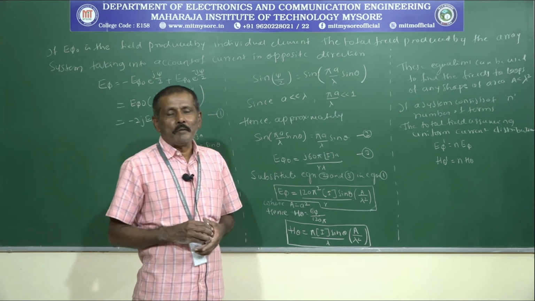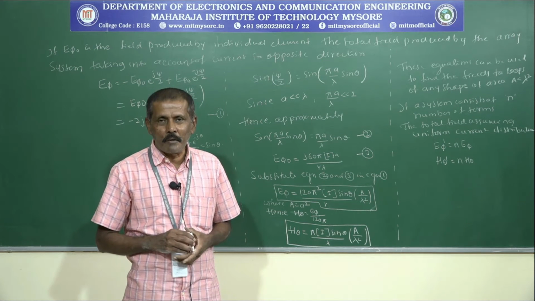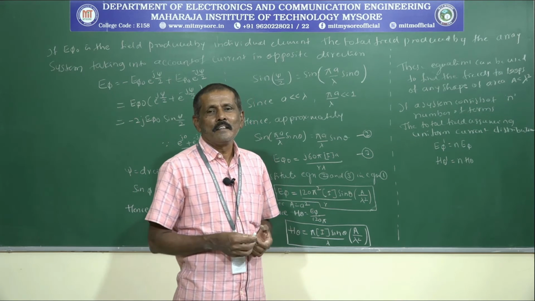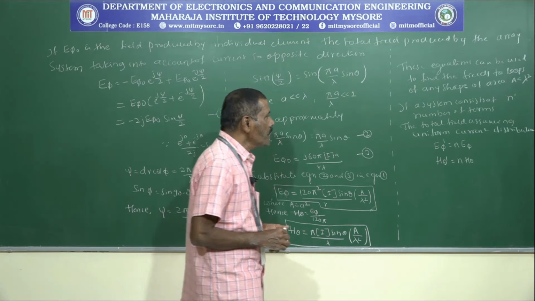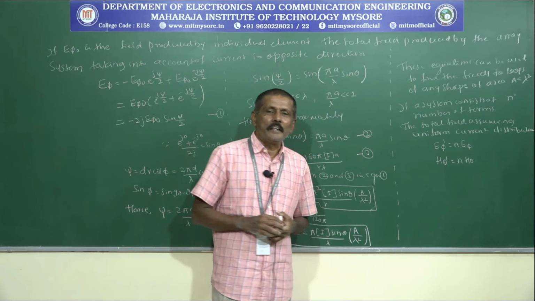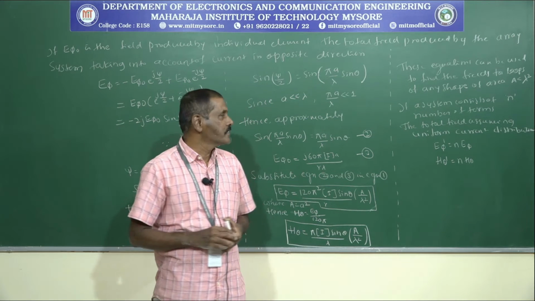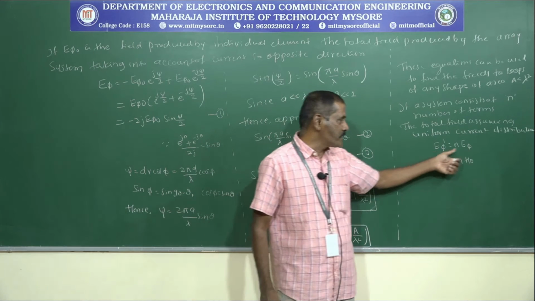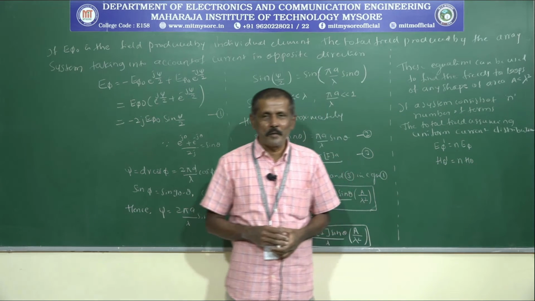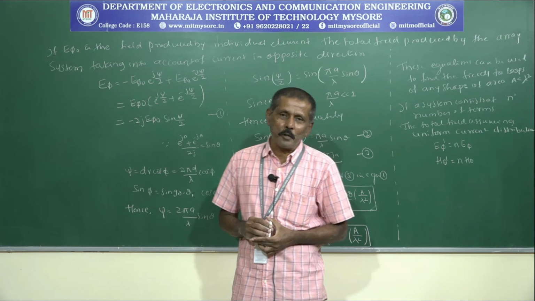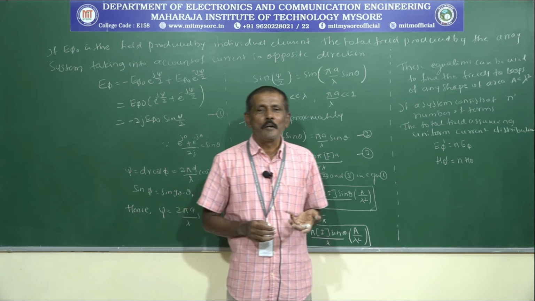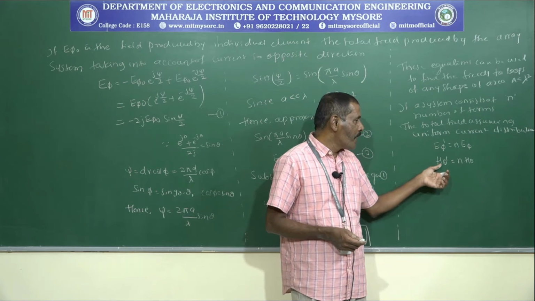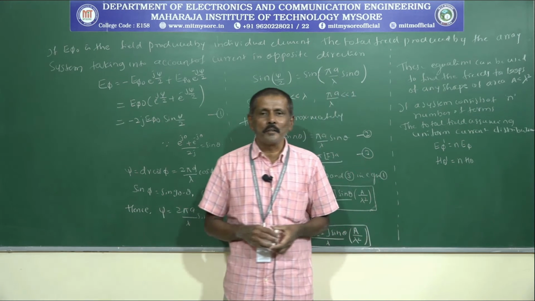Using this equation, you can find the electrical field component and the magnetic field component of any shape, that is triangular, circular, rectangular, square, etc. If a system consists of n number of turns, then the total field assuming a uniform current distribution is E phi dash equal to n into E phi. That is, if a system consists of n number of elements, then the total field will be increased by n times. Therefore, E phi dash is equal to n into E phi and H theta dash is equal to n into H theta.